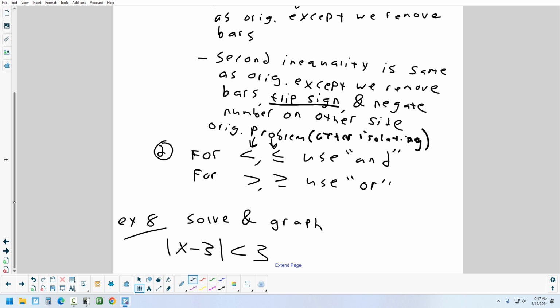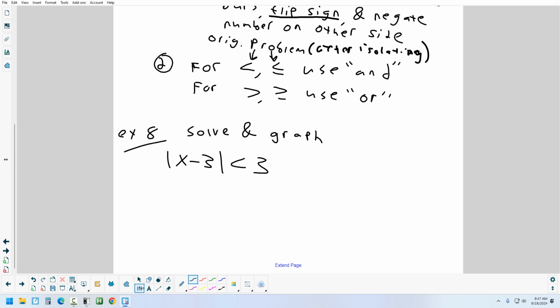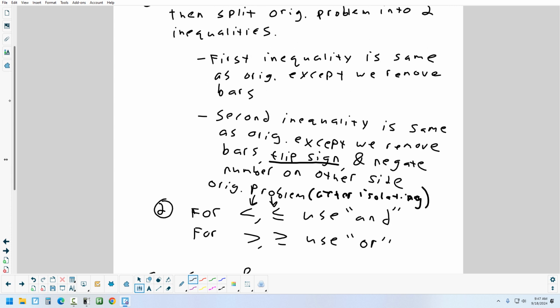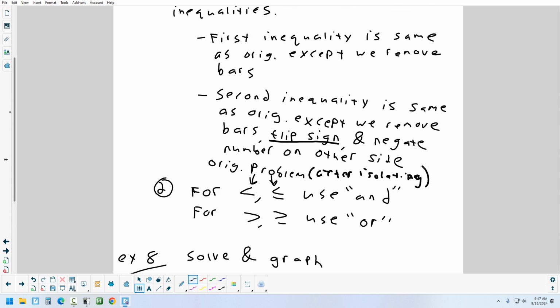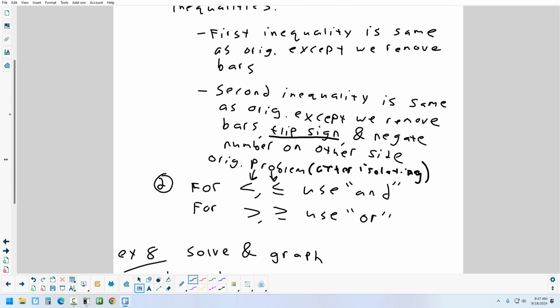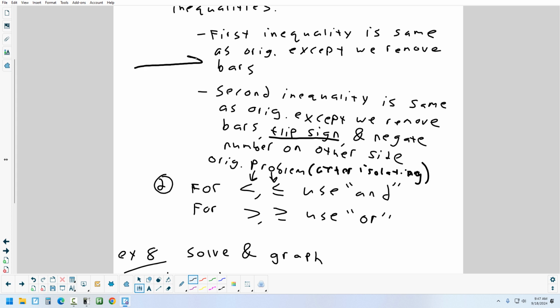And. Yeah, this is going to be an and. So we don't forget it, let's put and right now. Now we need to split it into two things. Can anybody give me the first inequality based on that step right there?